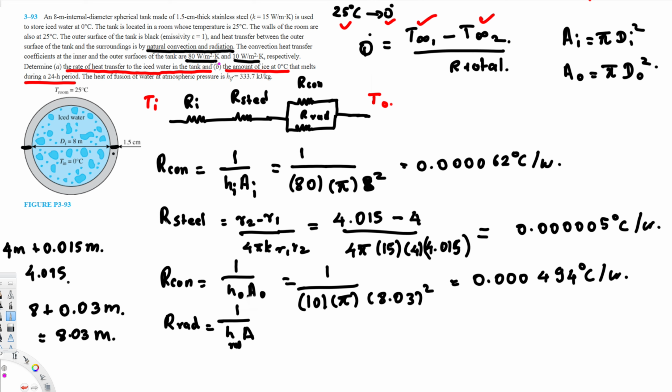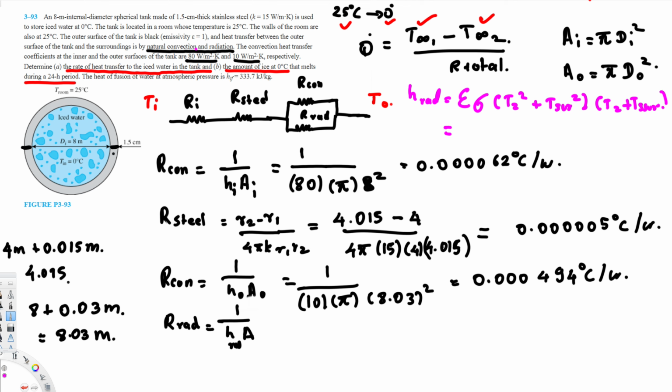We have H outside, H inside, but we don't have the H radiation. But we can calculate that one using this equation. H radiation is equal to emissivity times sigma times T2 square plus T surrounding square times T2 plus T surrounding. So this is the one we are going to use.